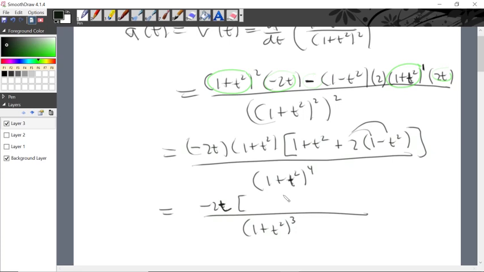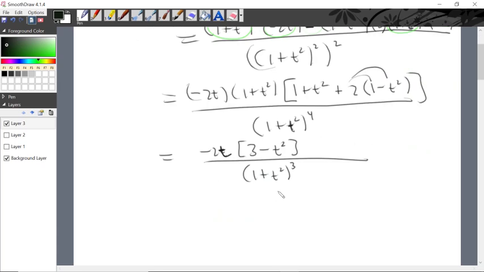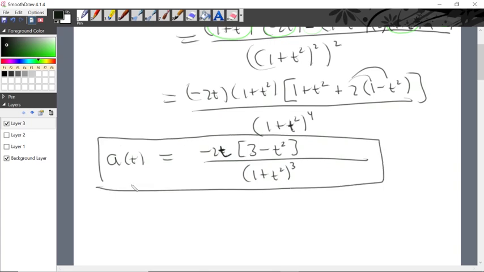So we have 1 plus 2 gives us a 3, and then we get t squared minus 2t squared leaves us with a minus t squared. So that seems reasonably simplified right there. There's our acceleration function. We could continue to play around with it from there. We could distribute that if we wanted to, but this is reasonably simplified right here.